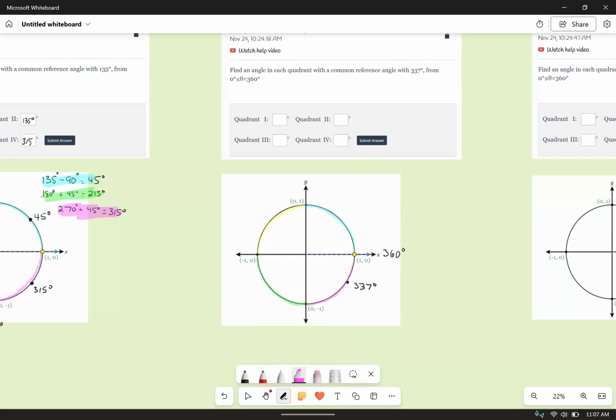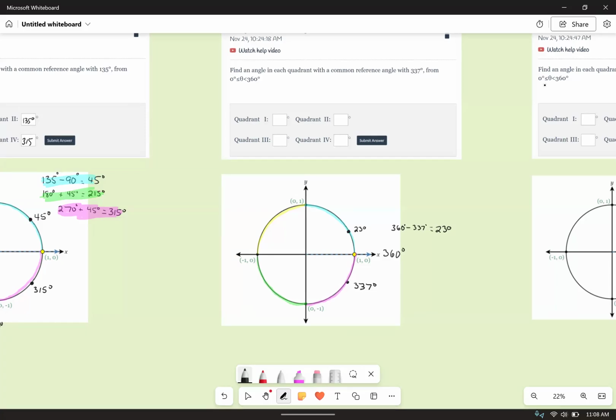All right. So, how are we going to find quadrant 1? Well, all we have to do is take that 360 and subtract that 337. And that's going to be 23 degrees. So that is our reference angle, 23 degrees. In this one, we went 23 degrees above the axis.